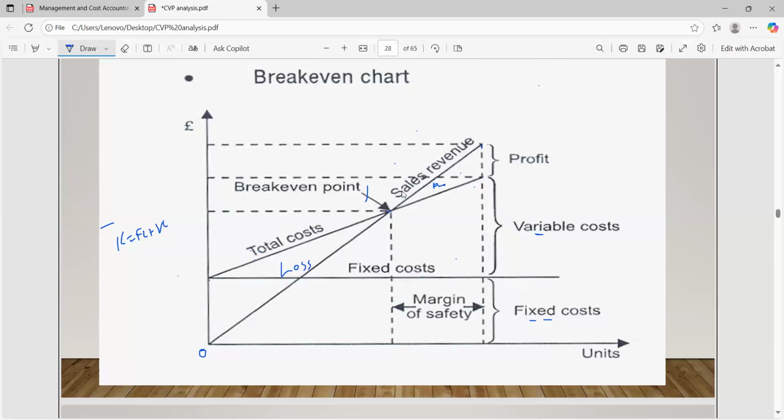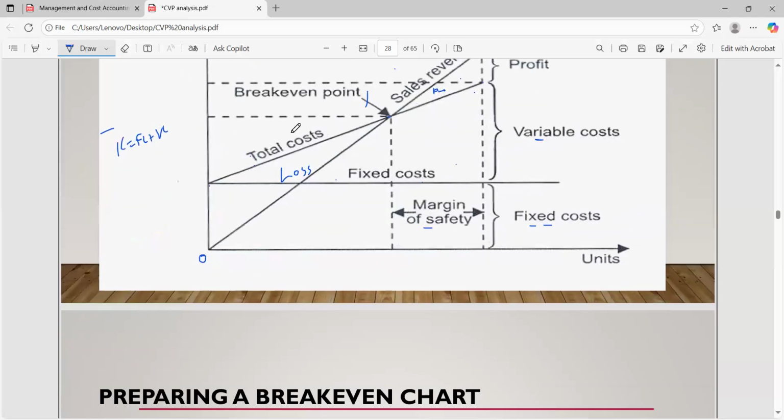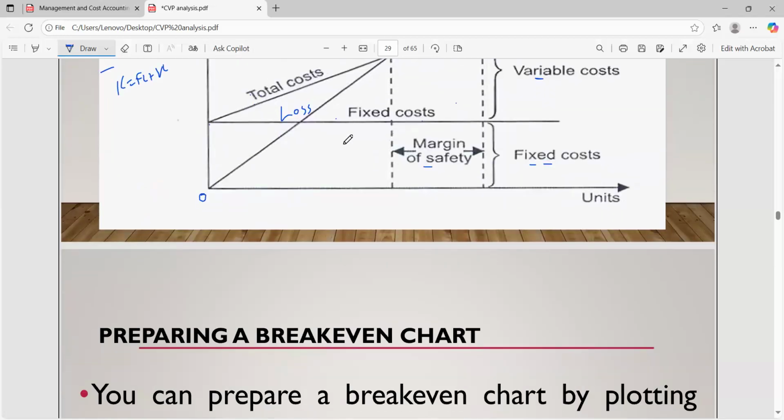Okay. So, if that is the point I am trying to explain, now margin of safety. All right. So, the margin of safety has a formula.